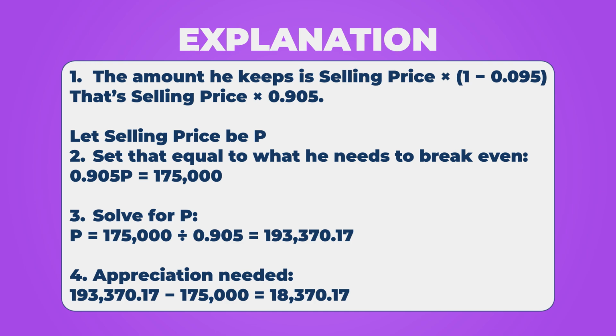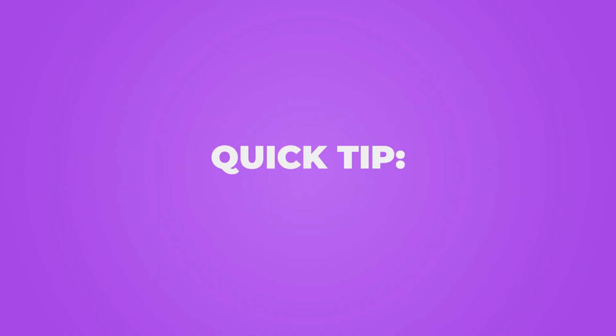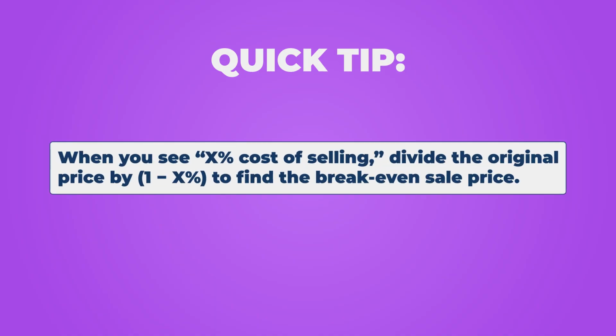Solve for P: 175,000 divided by 0.905 equals $193,370.17. Appreciation needed: 193,370.17 minus 175,000 equals $18,370.17. Quick tip, when you see X% cost of selling, divide the original price by 1 minus X% to find the break-even sale price.